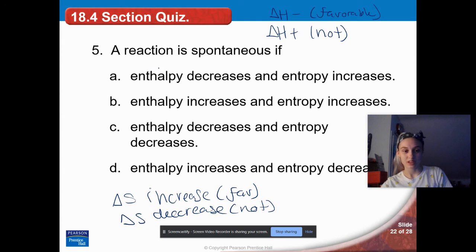So enthalpy decreasing, enthalpy increasing, decreasing, increasing. Entropy, this is S, so this is S that's favorable.